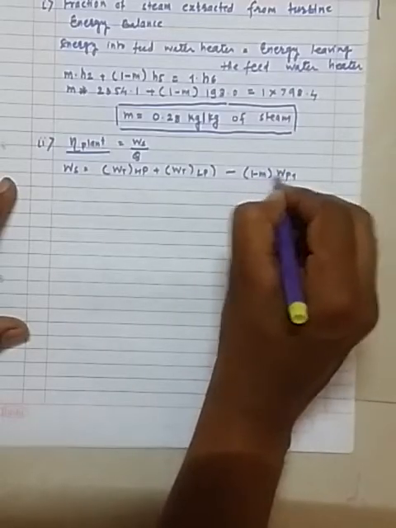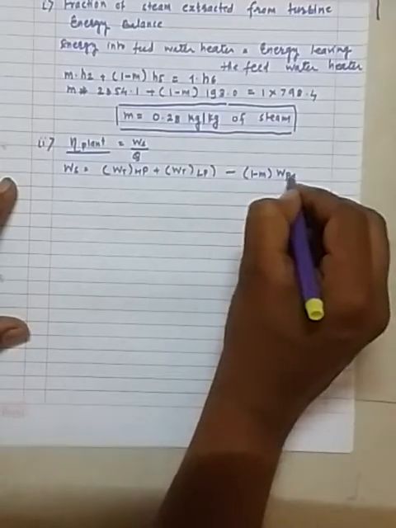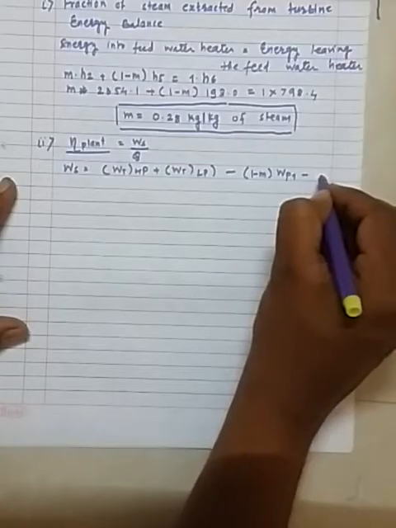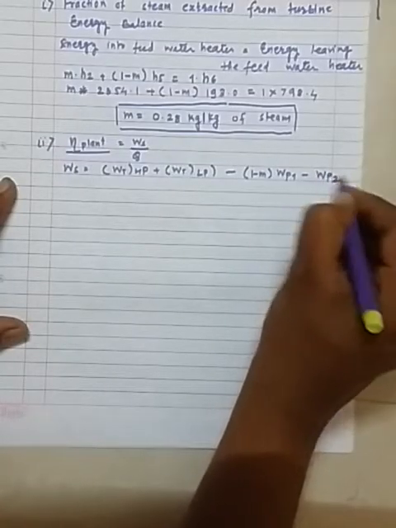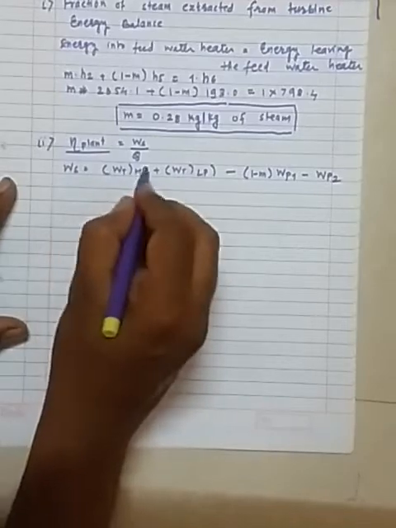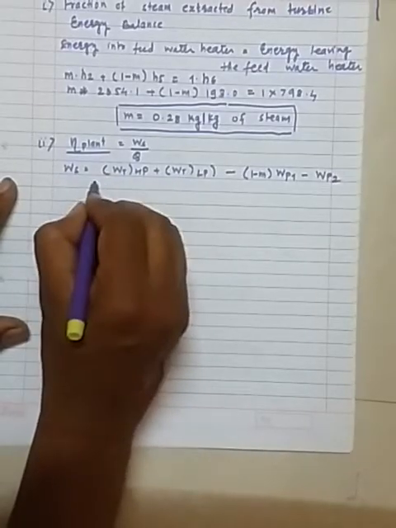The first pump is handling (1 minus M) amount of mass flow rate, and the second pump is handling the whole mass flow rate, that is 1. So this is the way to get the value of shaft work.